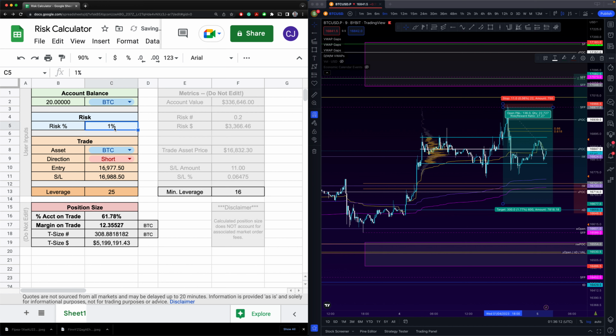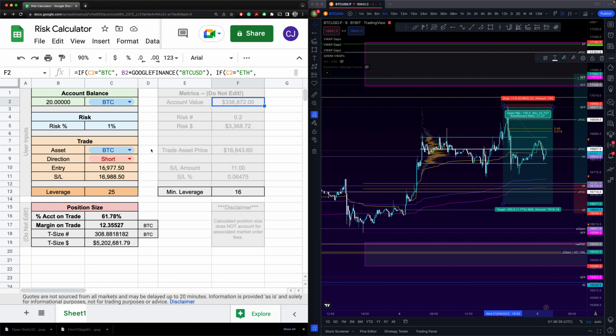If I wanted to risk 1% of my account on 25x leverage, I could have used 61% of my account on 25x leverage, which would have given me a value of a trade of $5.2 million when my account value is only $336,000.